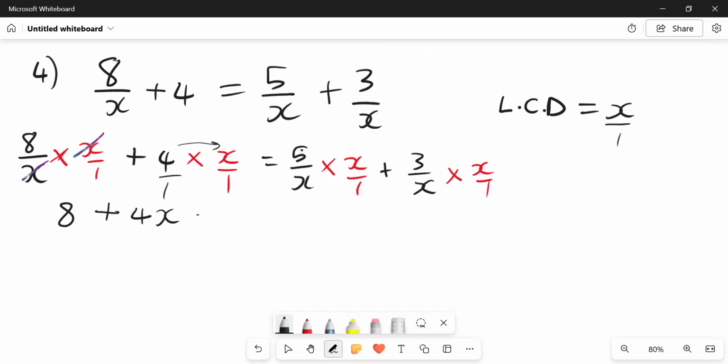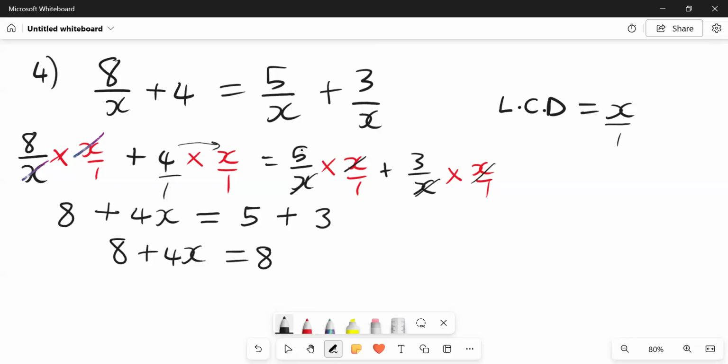Now equals to, these two, they cancel again. Now we're left with 5 divided by 1 is 5, right? Plus x and x cancels again. Now we're left with your 3. Now, basically, we are having 8 plus 4x equals to 8 when we add 3 and 5.